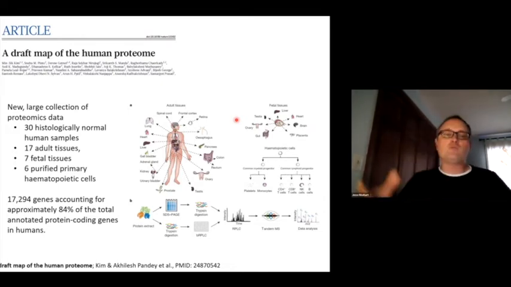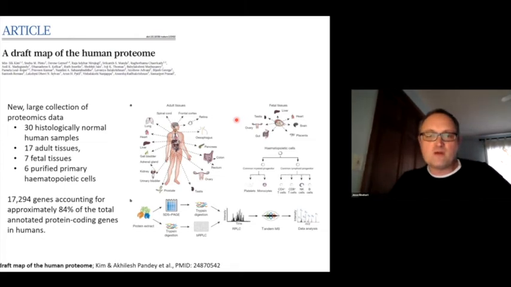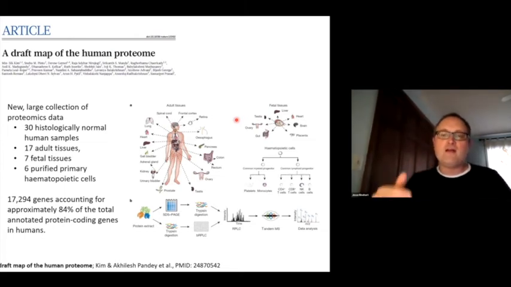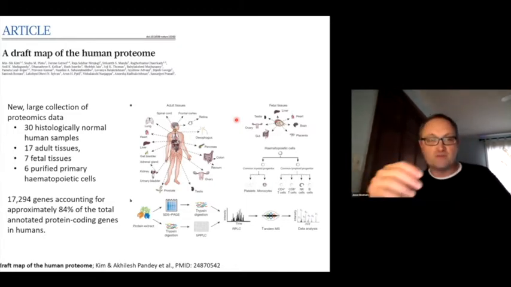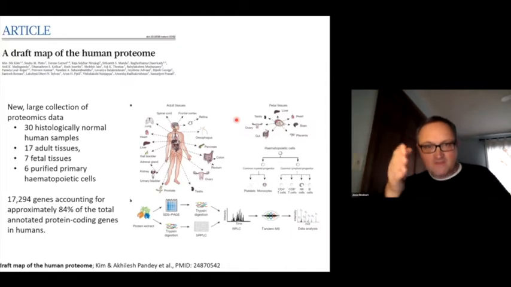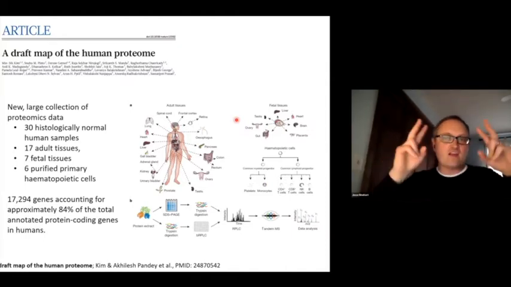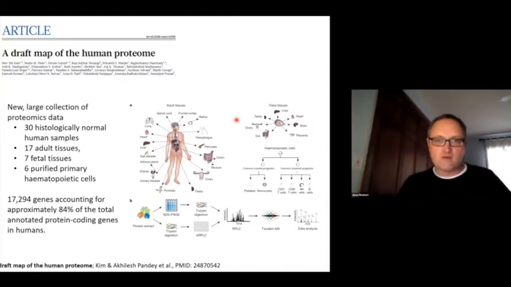So the concept here is we'll collect many samples representing many different proteomes. They all map back to a human, but as you can imagine, this comes from many different humans and many different samples. So it's not a single human's proteome. It's an entire human proteome, as sort of a collection of representative proteomes.